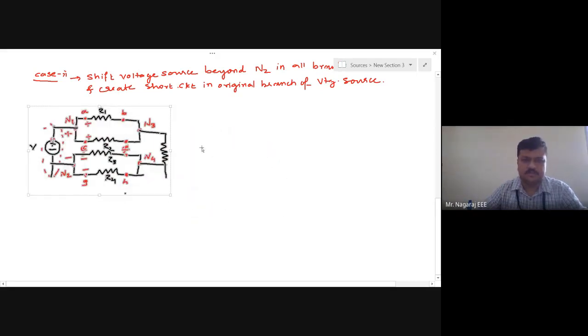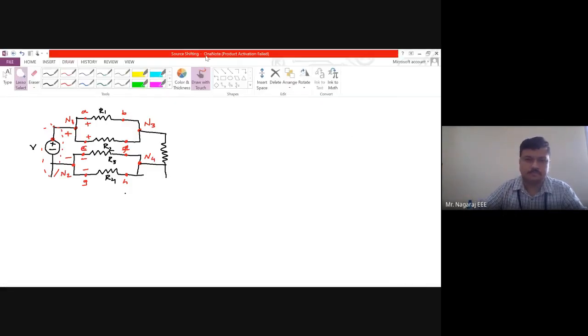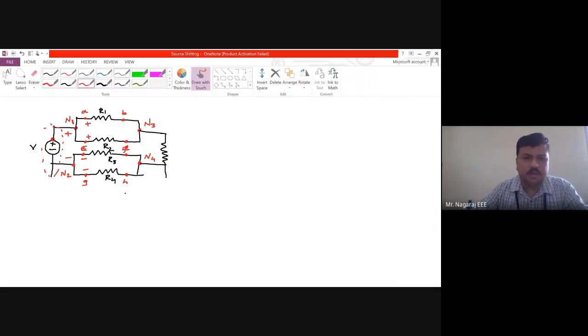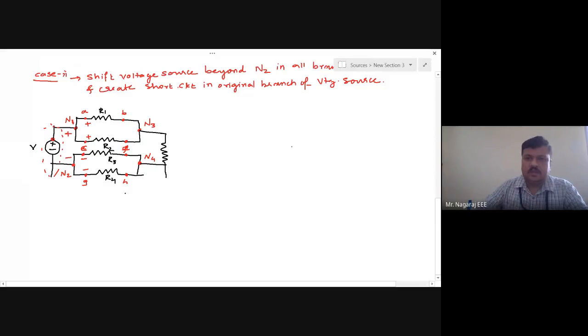Okay. This is my original circuit. Now I have to shift this voltage source beyond the node N2, into all the branches connected to it, that is the branch with R3 and the branch with R4, and replace the original branch of the source by a short circuit.